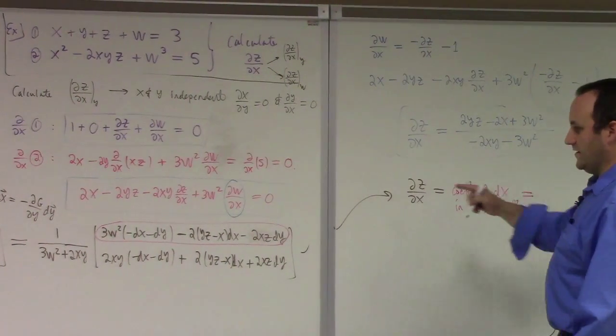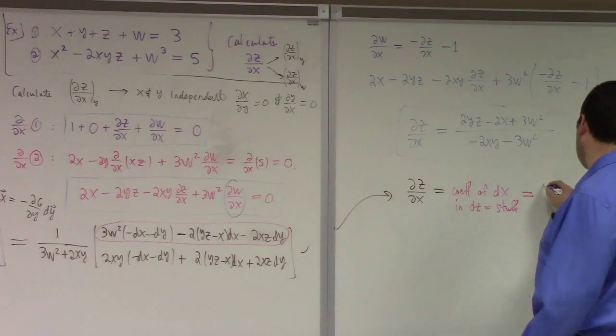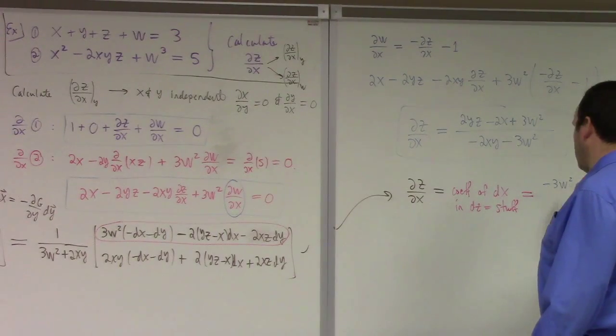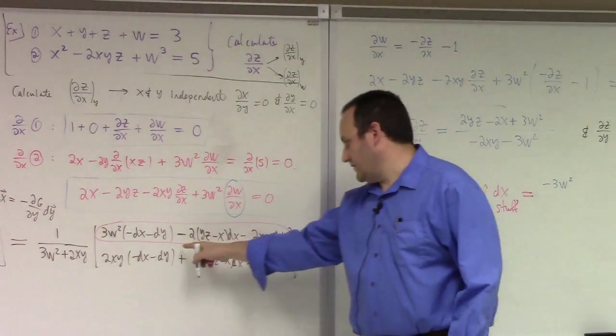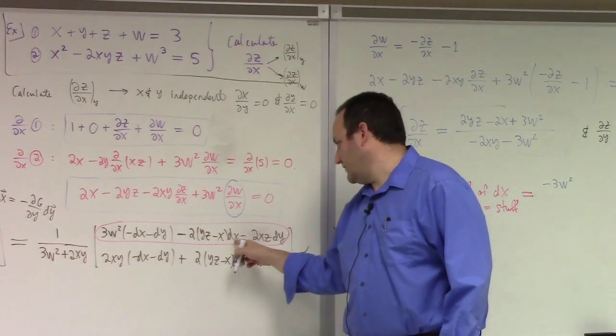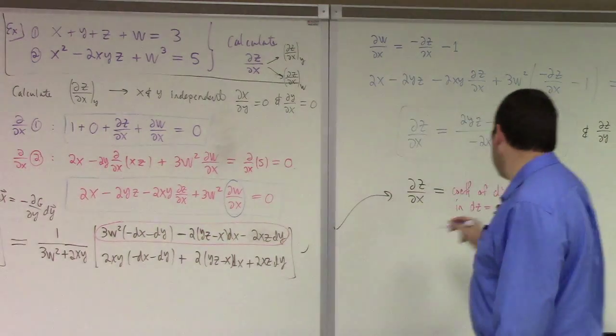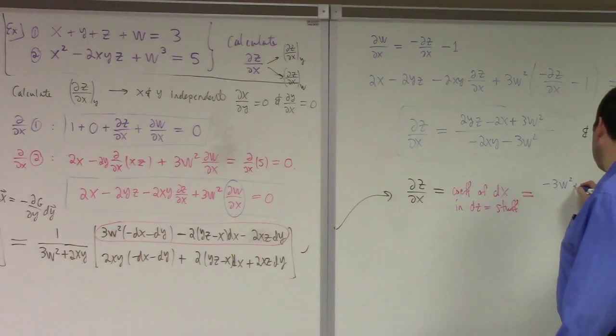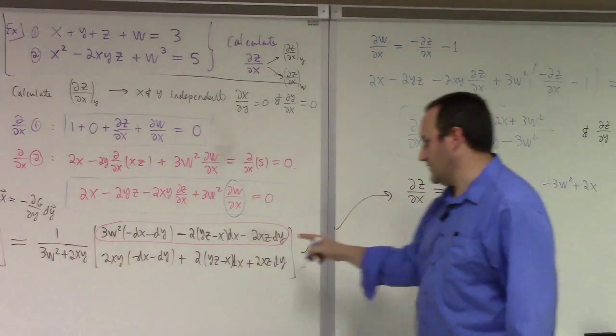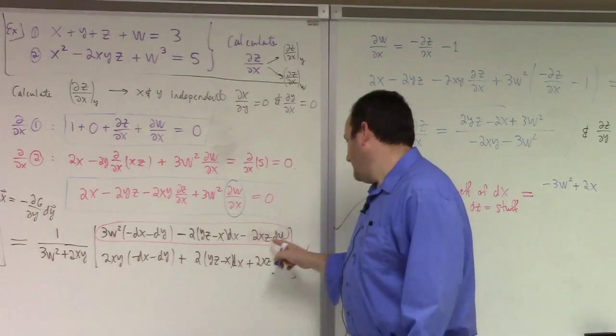I've got minus 3w squared, and then the other thing with dx is plus 2x. The dx is not part of this, the 2xz is a dy.